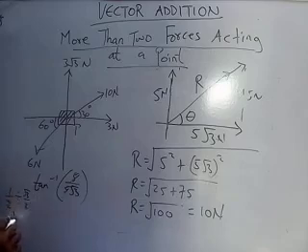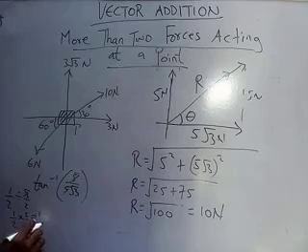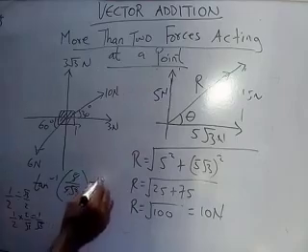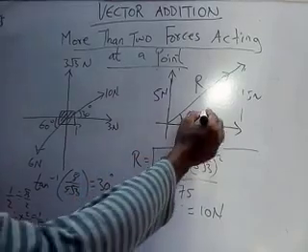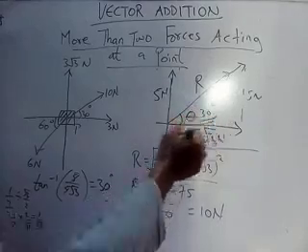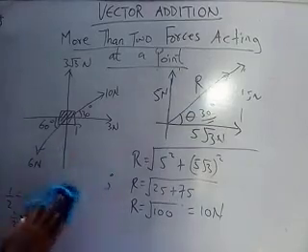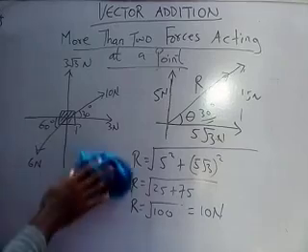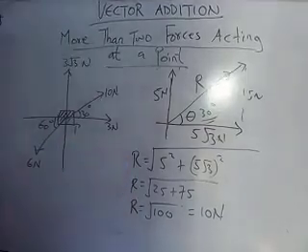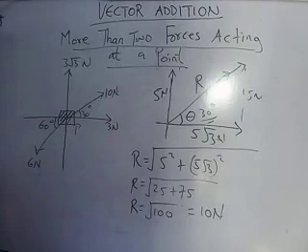So 1 over 2 times 2 over root 3. This covered? Okay, that means this is 30 degree. That's how to go about resolution of vectors into their various components, vertical and horizontal components.